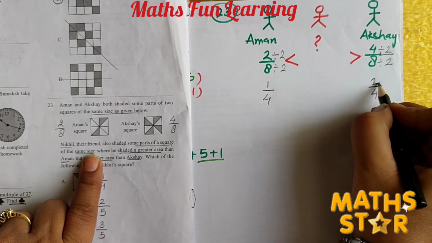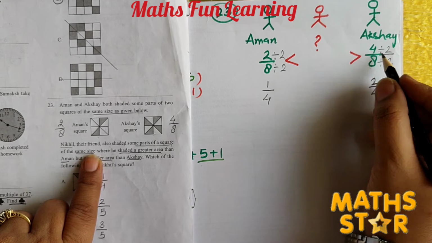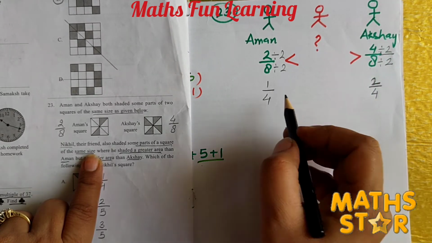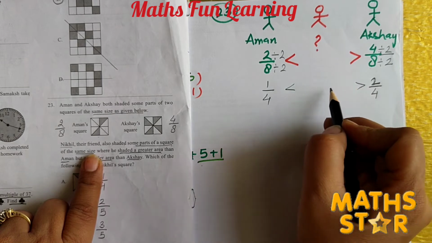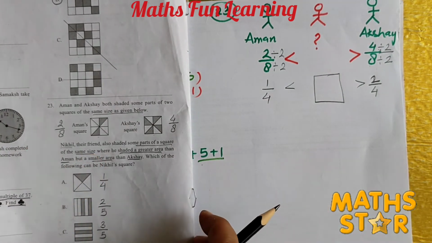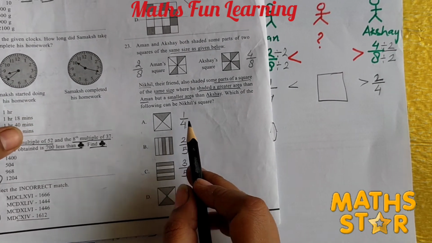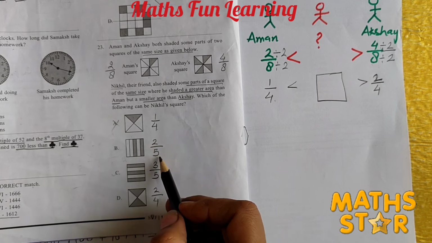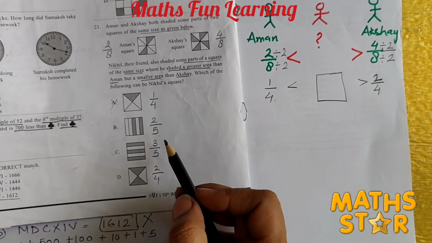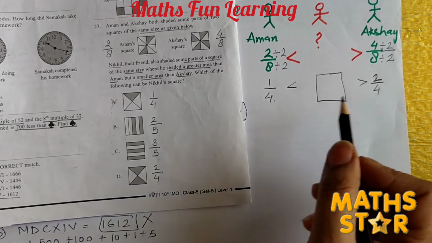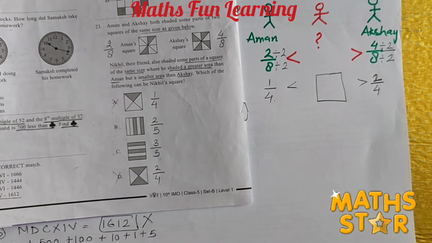No, sorry, it's divided by 2: 2 times 2 is 4, 2 times 4 is 8. So you have to find out which fraction we can use here. So 1 by 4 is the similar fraction. Not correct. 2 by 5, okay. 3 by 5 and 2 by 4. 2 by 4 is this. So A and D are not correct, right?